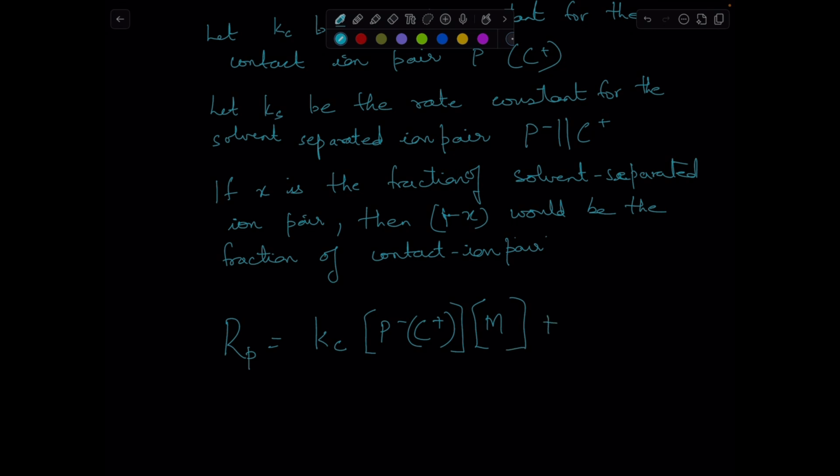Similarly, for the solvent separated ion pair, it would be the rate constant for the solvent separated ion pair times the concentration of the solvent separated ion pair times the monomer concentration.